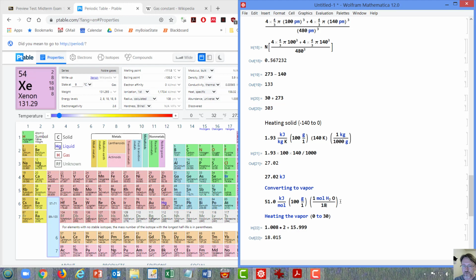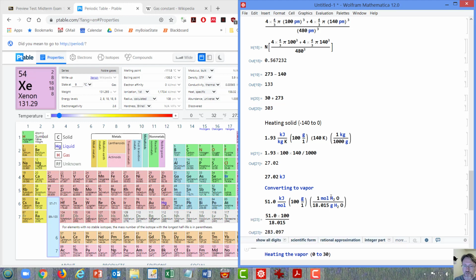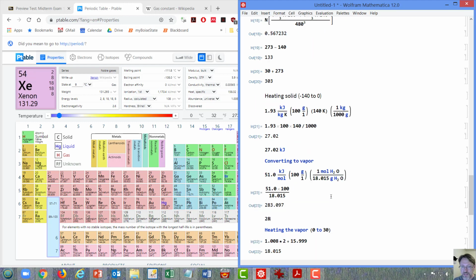So 18.015 grams of water. So let's calculate that out. 51.0 times 100 divided by 18.015. Let's make sure everything canceled before we do that. Moles cancel, grams cancel, and we're left with kilojoules. Yep. So this step is a whopping 283.097 kilojoules.